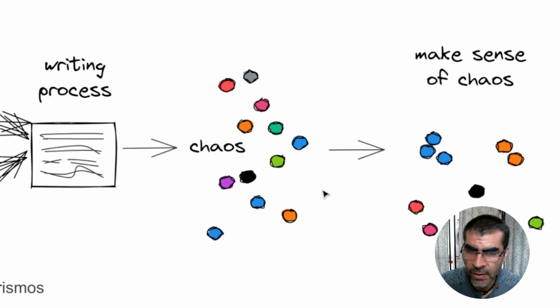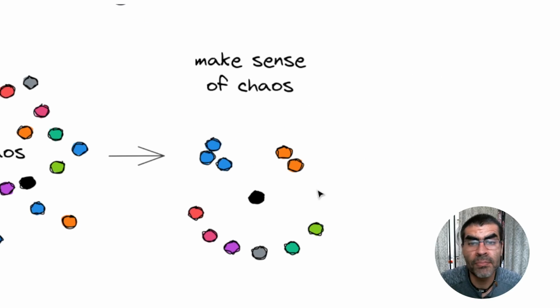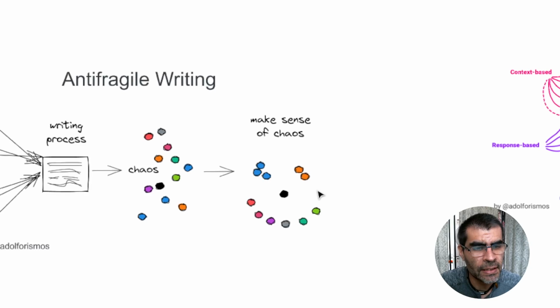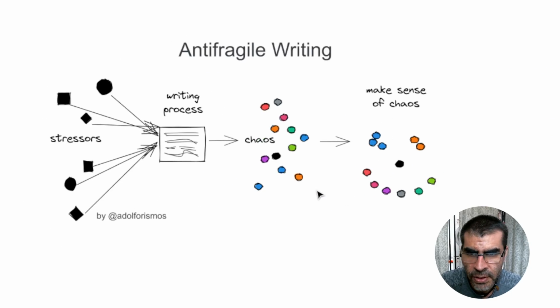You are going to produce a lot of notes, a lot of papers, a lot of little blogs, bullets, whatever, and then you are going to need an app. There are very new good apps to make sense of this chaos, make sense of disorder. That is the anti-fragile writing framework.